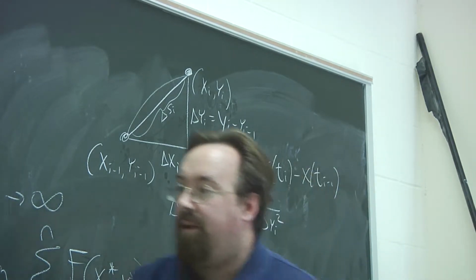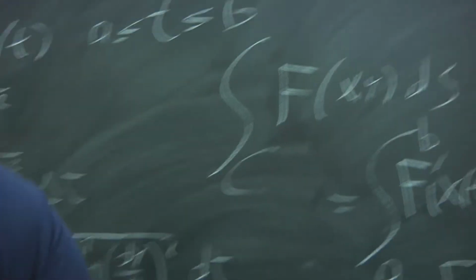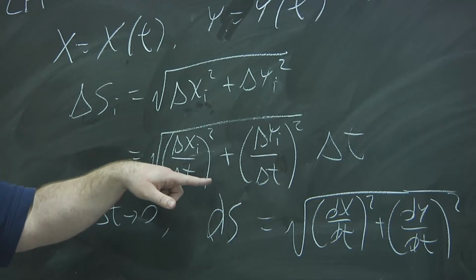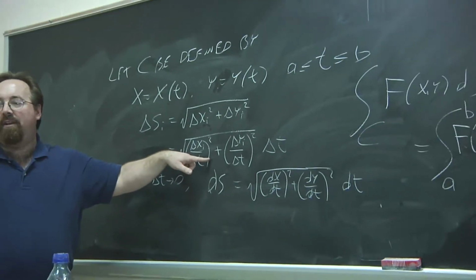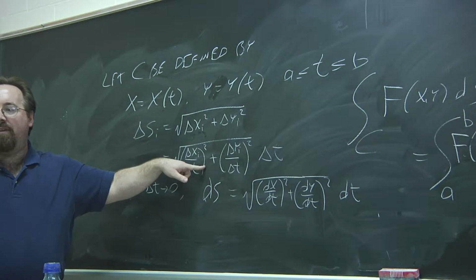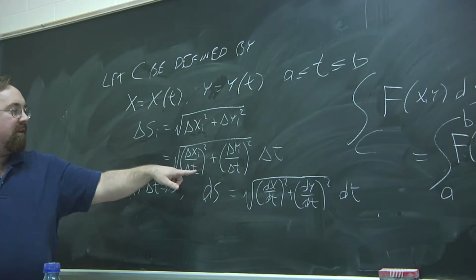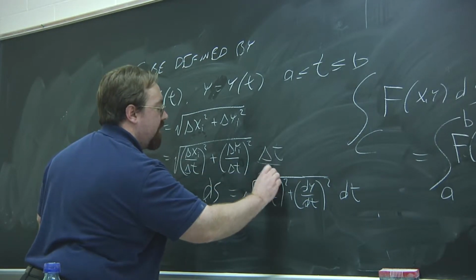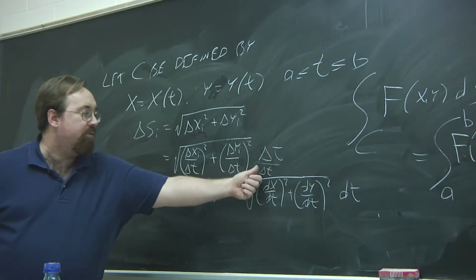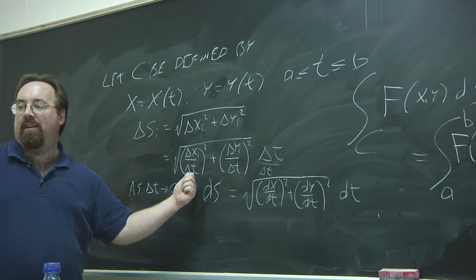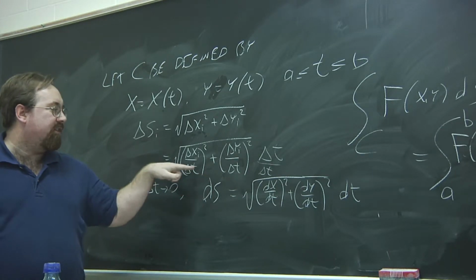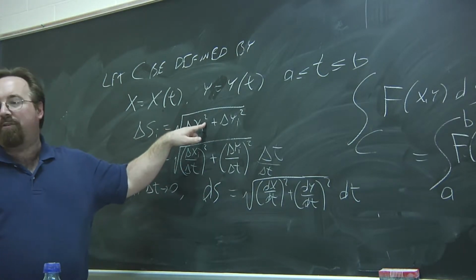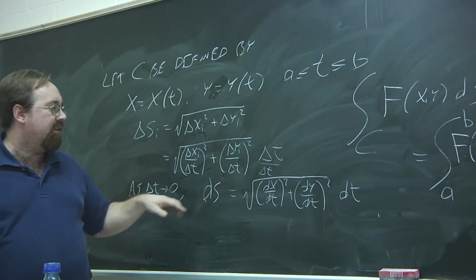I have this even before I describe it parametrically, and now I'm just multiplying and dividing by delta t. So I multiply by delta t out here, and then I divide by delta t here, but then I take this delta t and move it under the square root sign. You can do that because they're both squared. So it just moves in like that.